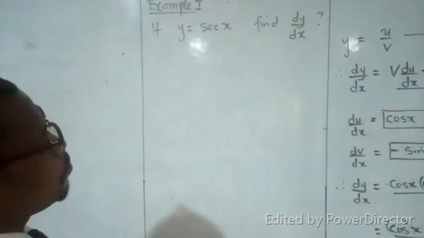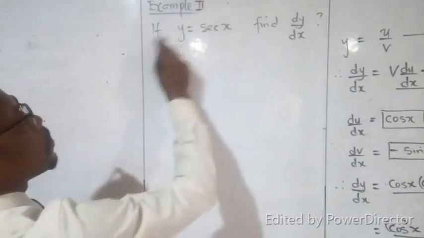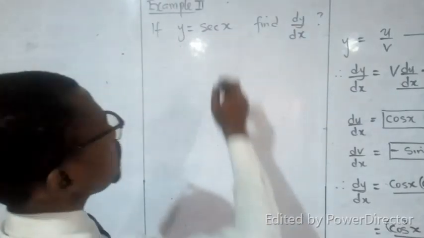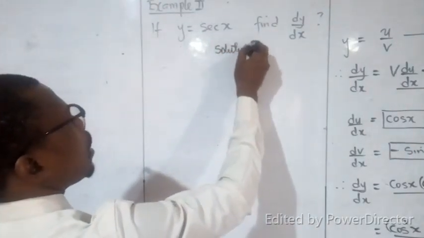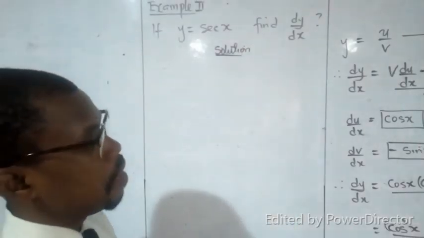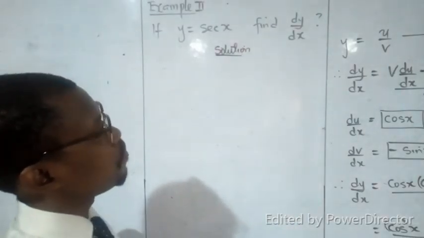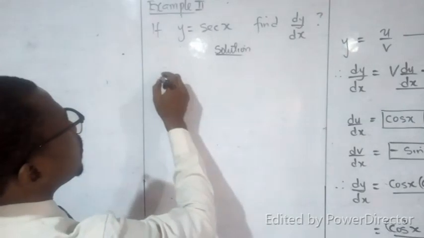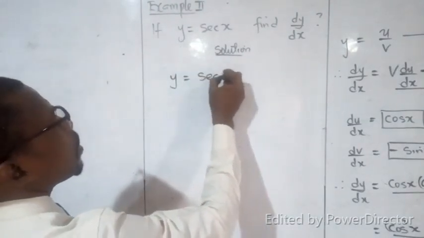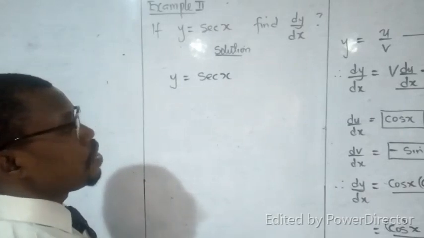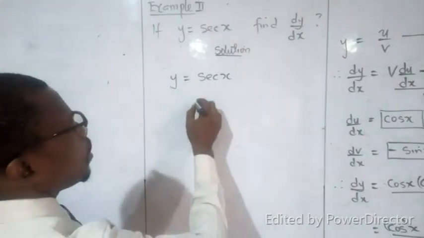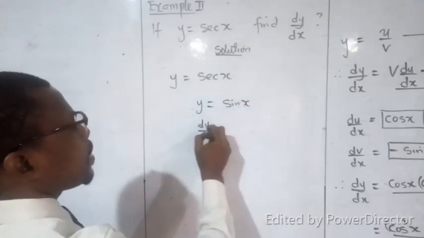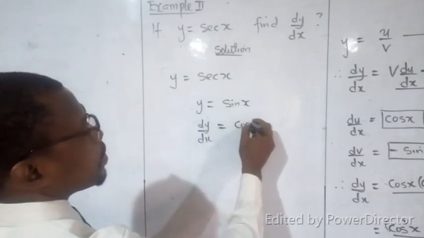Now the second example here, if y is equal to sec x, find dy dx. Solution: I didn't give you a guide in this one. Unlike the previous question, where I asked you to prove so you know where you were going to. For this one, you have to find dy dx. Y is sec x. The only identity that I know in trig function is if y is equal to sine x, I know that dy dx is cos x.